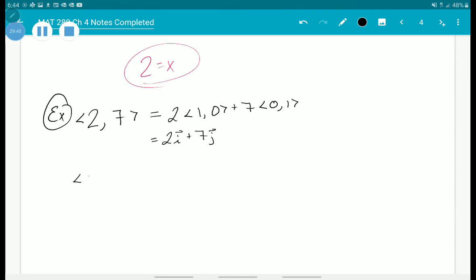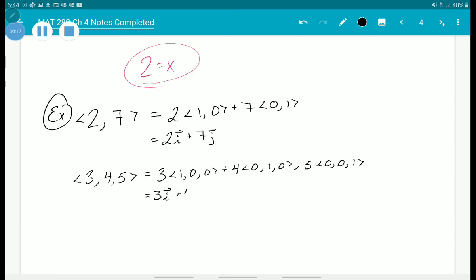Anything we can do in 2 dimensions, we can do in higher dimensions. So let's say we have a 3-dimensional vector. So we could rewrite this in terms of the unit vector 1, 0, 0, the unit vector 0, 1, 0, and the unit vector 0, 0, 1.